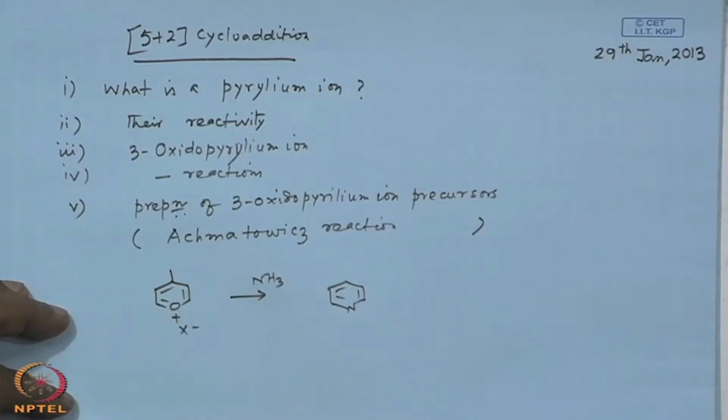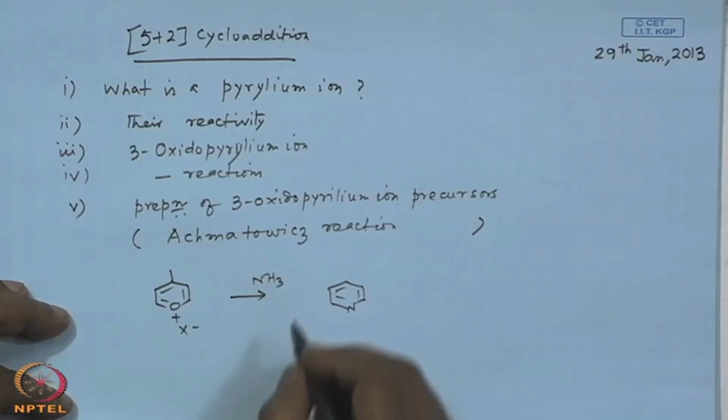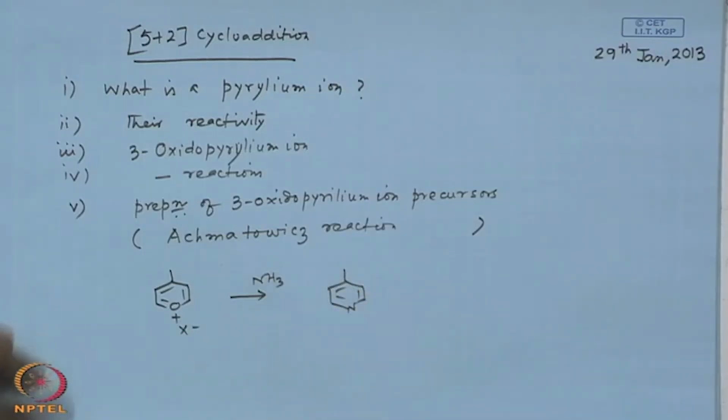If you have a methyl pyrylium salt, put ammonia, then of course you get the methyl pyridine, 4-methyl pyridine. And the reason why I gave you this example is simply because 4-methyl pyridines are difficult to make. How do you make them? There are not many ways.